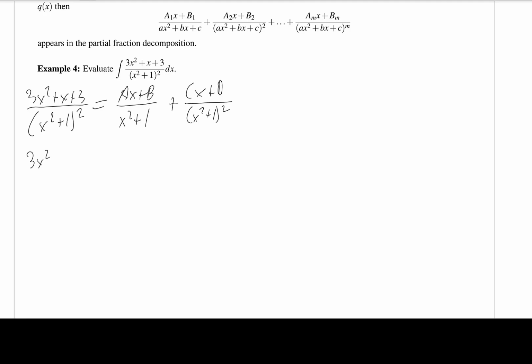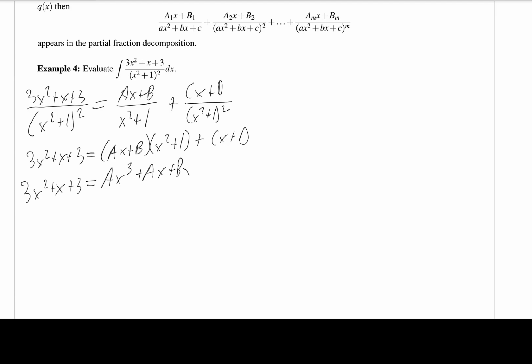So this becomes 3x squared plus x plus 3 is equal to ax plus b times x squared plus 1 plus cx plus d. Now we'll FOIL out, and we should get 3x squared plus x plus 3 is equal to ax cubed plus ax plus bx squared plus b plus cx plus d.